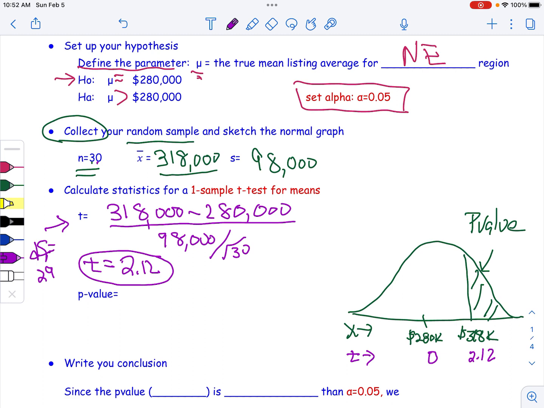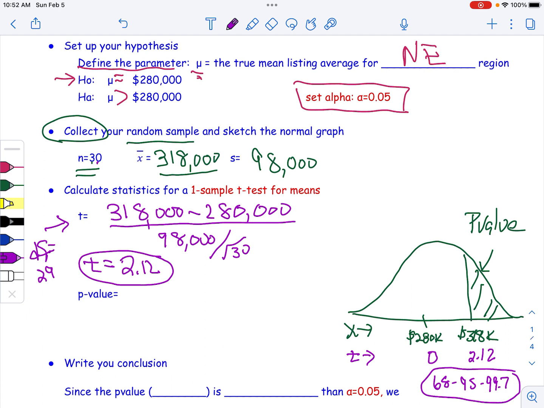Now go back to the empirical rule, and remember you have 68, 95, 99.7. So 68% of the middle portion is within one standard deviation away.